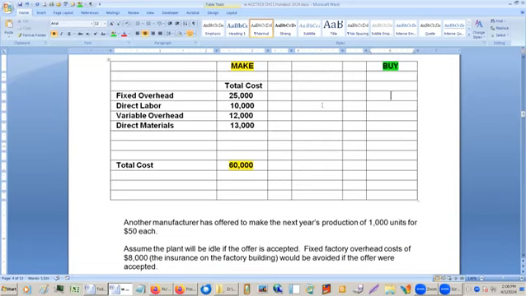Okay, this fixed factory overhead, $8,000 to be avoided. Okay, so we can get out of $8,000 of this fixed factory overhead. I'm just going to write up here avoided.